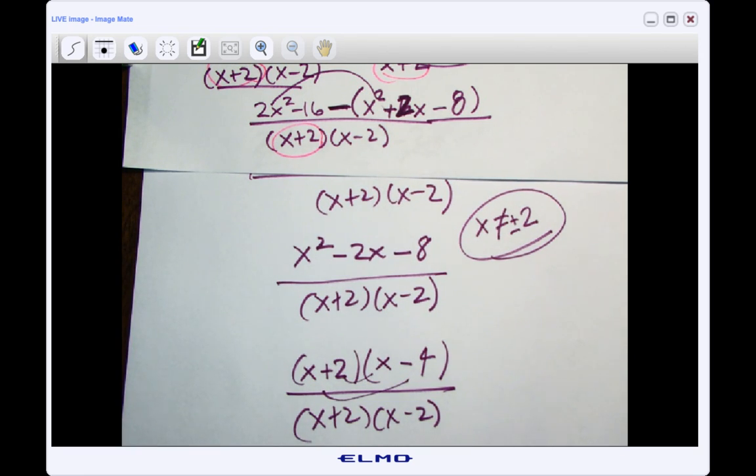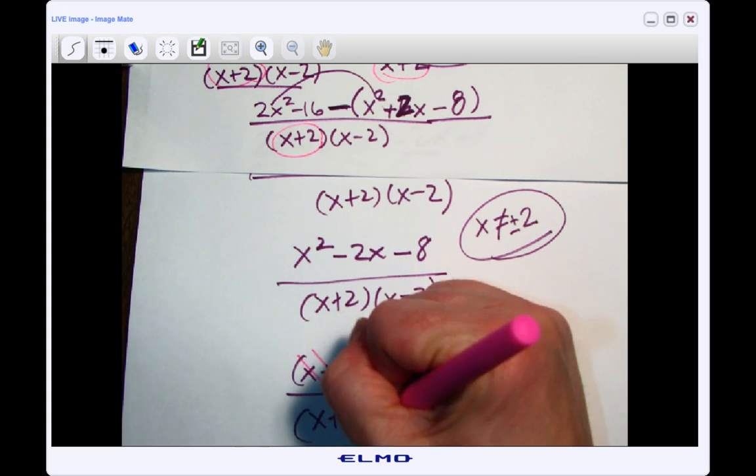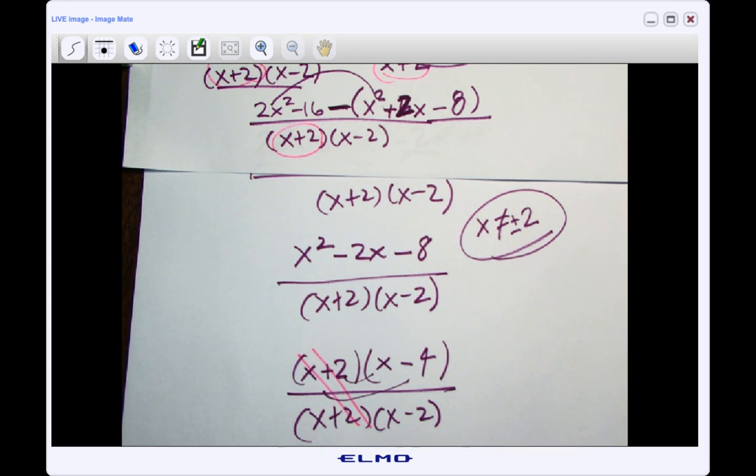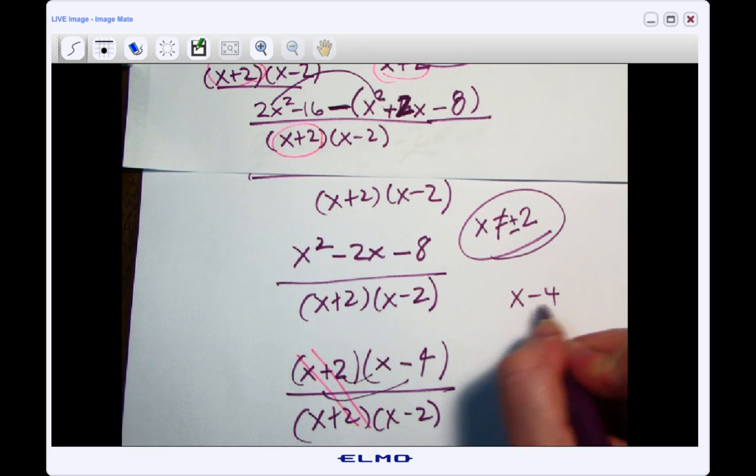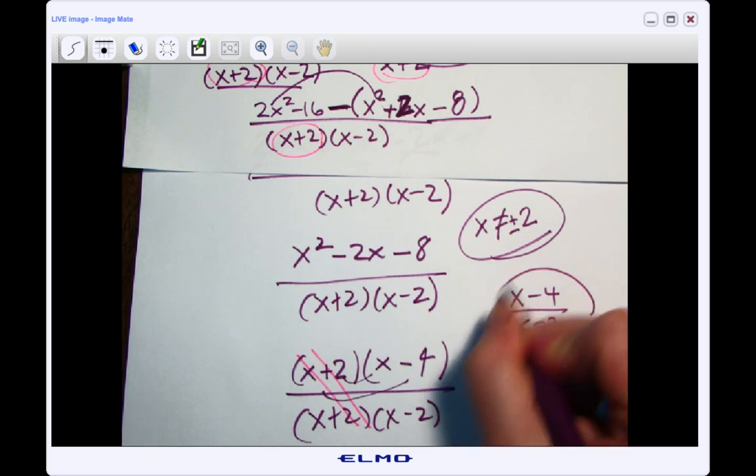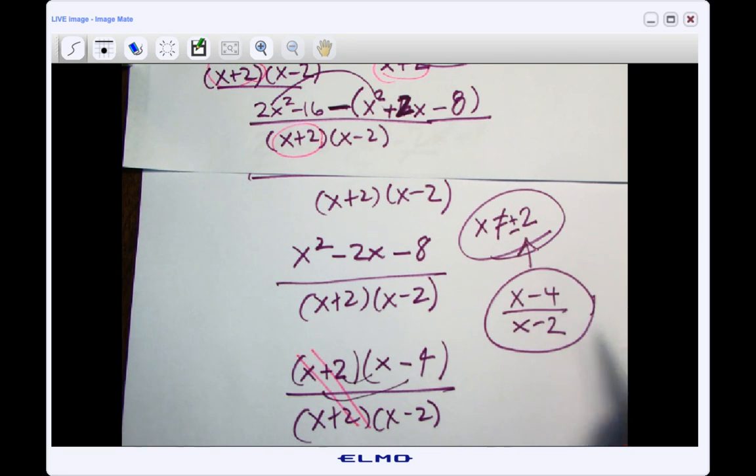So I factored the top and the bottom. These will cancel out. And in reduced form, this is actually going to be x minus 4 over x minus 2. And this is still true, though, because it's our original thing.